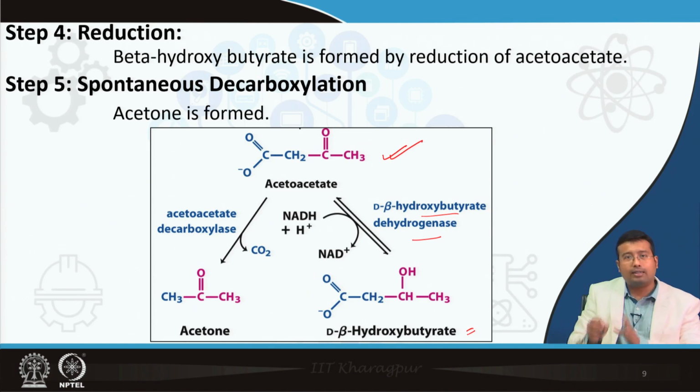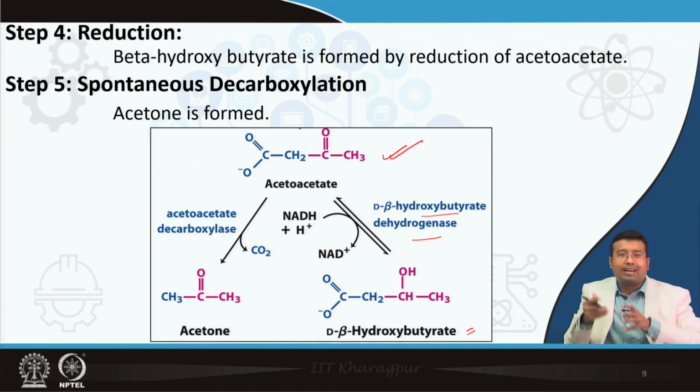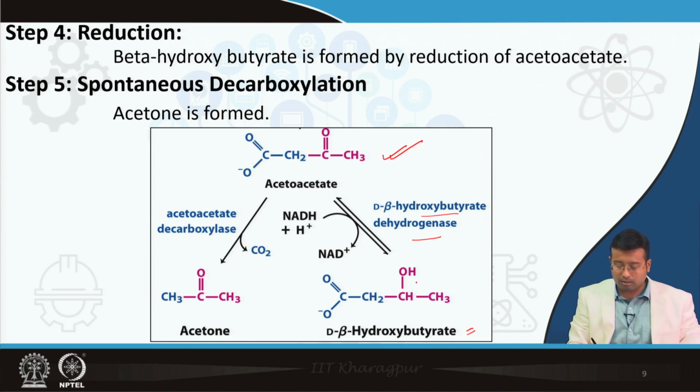The enzyme dehydrogenase also converts beta hydroxybutyrate back to acetoacetate. If you are confused about the name, just remember the enzyme beta hydroxybutyrate dehydrogenase acts on beta hydroxybutyrate. Dehydrogenase means it takes away H plus, so the H from this OH will be gone and the ketone body will be formed.